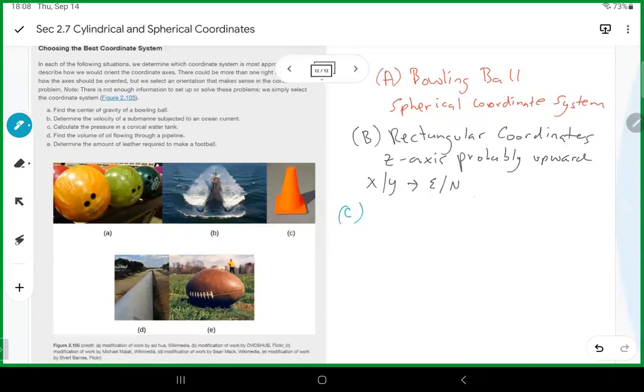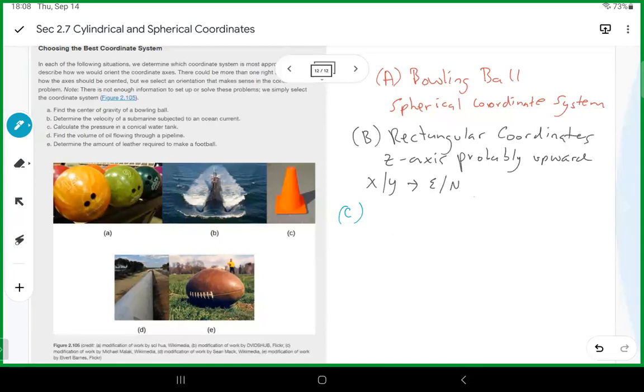Next, we want to calculate the pressure in a conical water tank. That is the saddest picture they could have given us for a water tank. That, ladies and gentlemen, is a straight up cone.